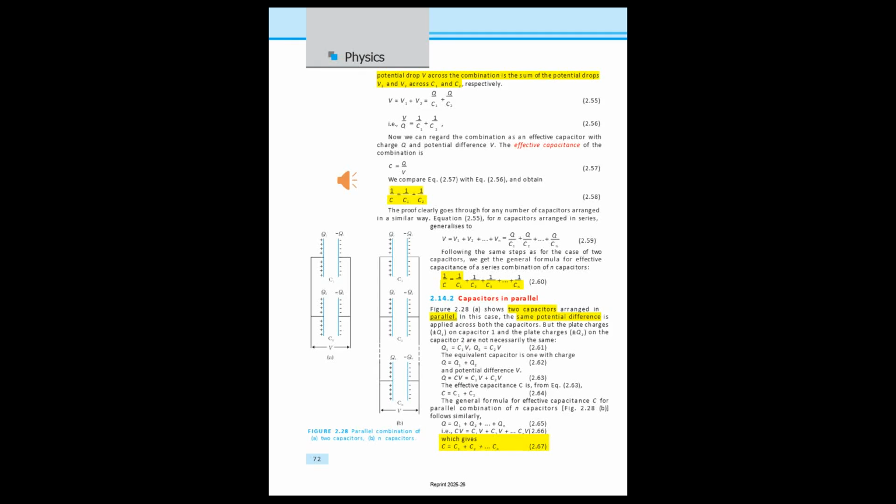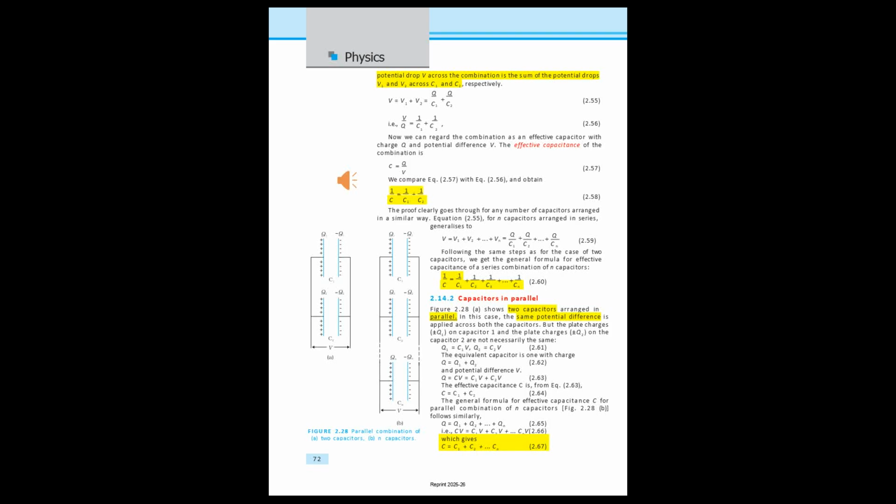Now we can regard the combination as an effective capacitor with charge Q and potential difference V. The effective capacitance of the combination is given by C equal to Q by V. Now comparing equations 2.57 and 2.56, we obtain 1 by C is equal to 1 by C1 plus 1 by C2. This proof clearly holds true for any number of capacitors arranged in a similar way.